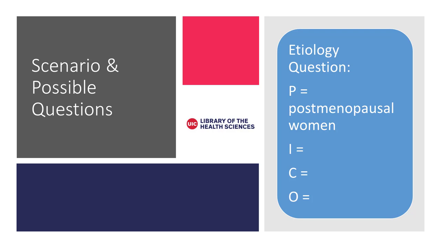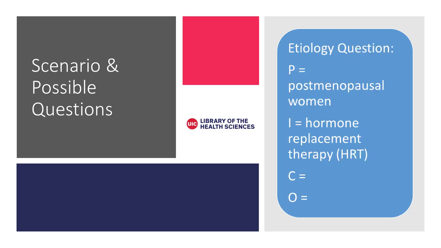Next, the intervention we want to know more about is the estrogen that the patient is taking. We could simply use estrogen as our intervention, but since we aren't sure if this might be too specific, let's look more broadly at hormone replacement therapy, or HRT. Our comparison is simple in this question. We want to look at HRT versus no HRT.